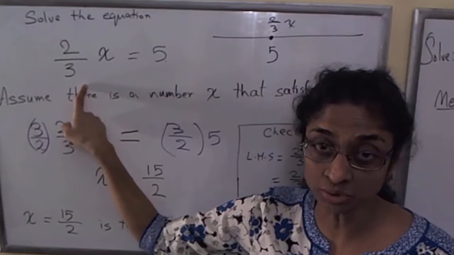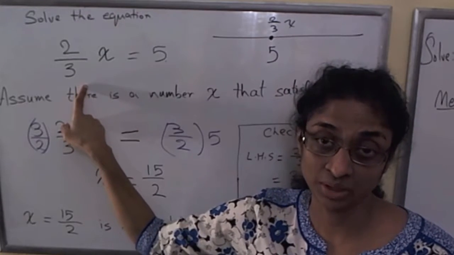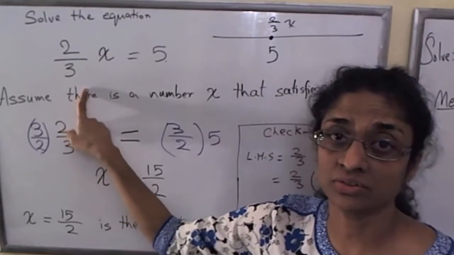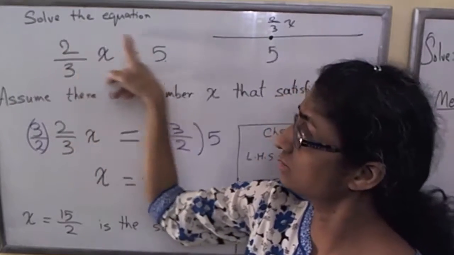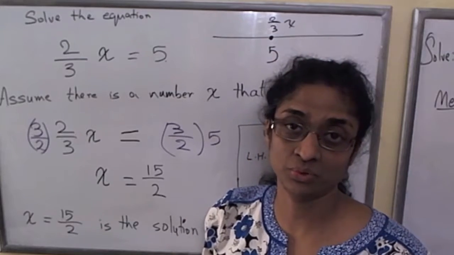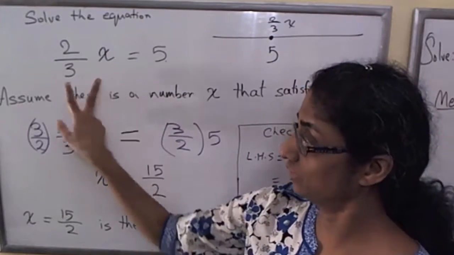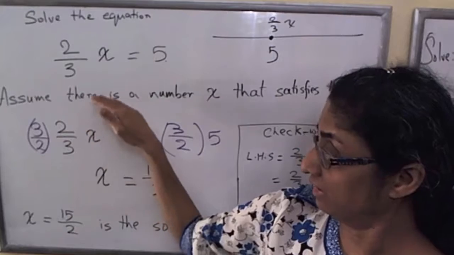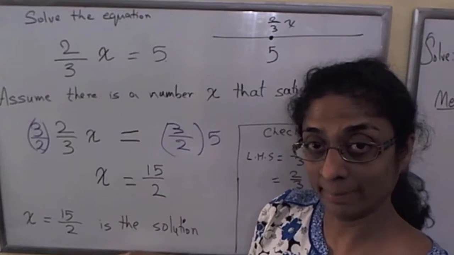Firstly, if you try to do that, you will not get a finite decimal, and it's not good practice to convert fractions inside an equation into decimals or mixed numbers. So don't do that. Leave the fractions as they are and deal with them in this manner.